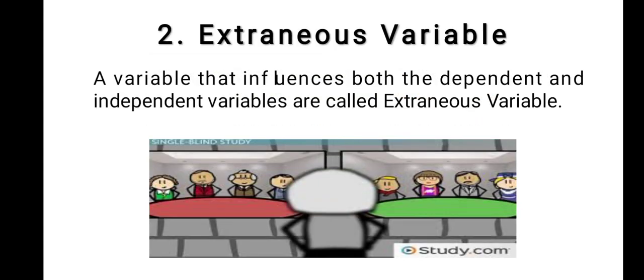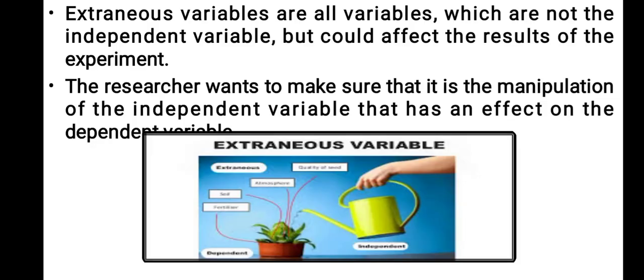The next important concept related to research design is the extraneous variable. An extraneous variable is something which has an indirect influence on the variable. For example, in the previous example of the growth of a plant and the amount of sunlight it receives, for a plant to grow, sunlight alone is not sufficient.